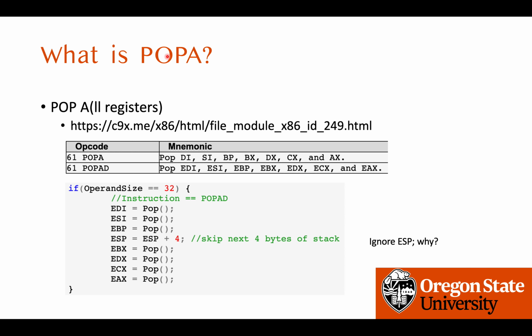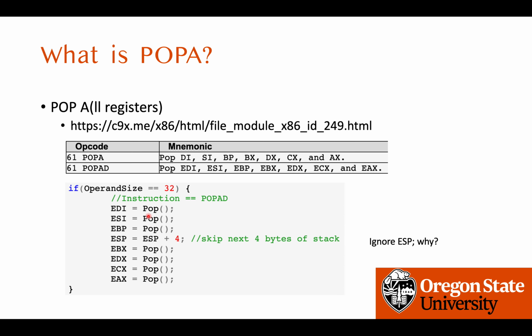Then, what is the POPA instruction? If you do a little search, you may find the link below, and reading that will tell you that it will pop all the registers from the stack in a sequence of EDI, ESI, EBP, EBX, EDX, ECX, and EAX. No, this is not the right sequence. The correct sequence is this one.